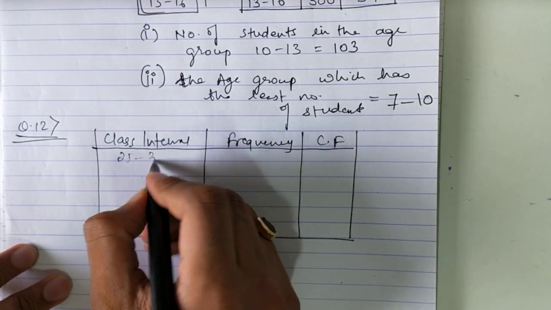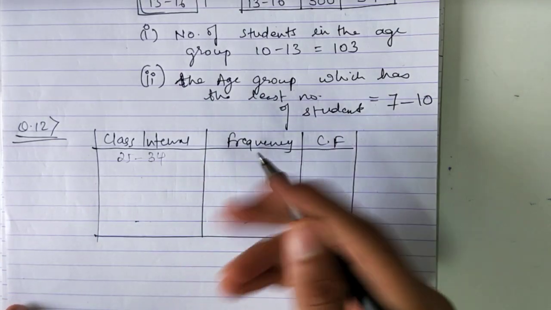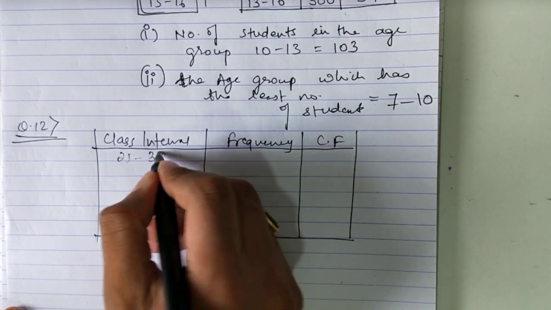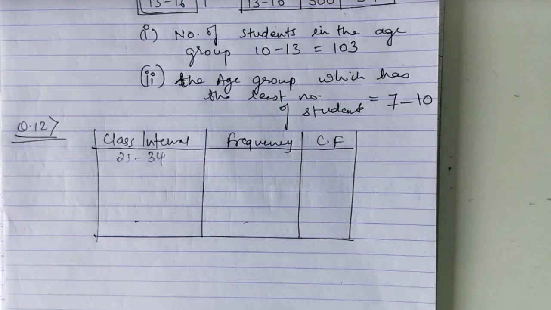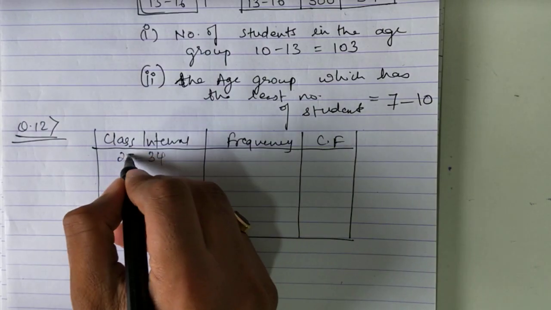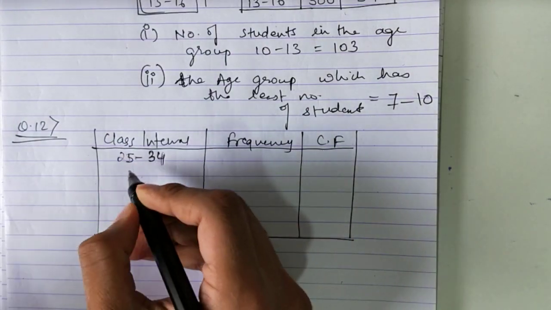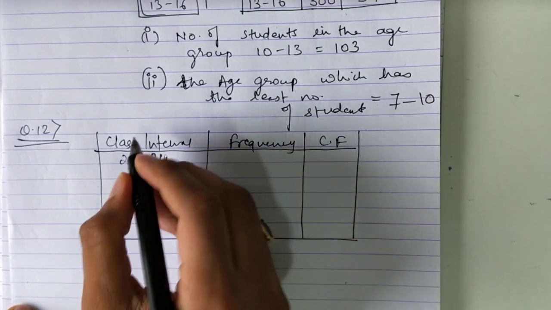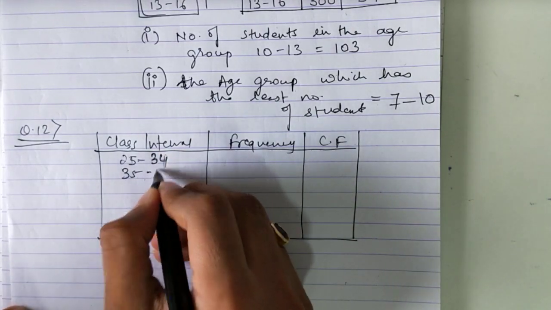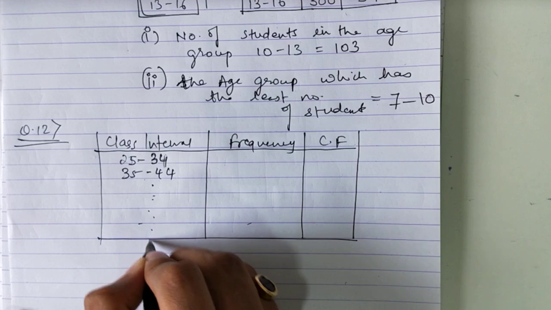So this 25 to 34. Okay, so this is red. Copy all these values.